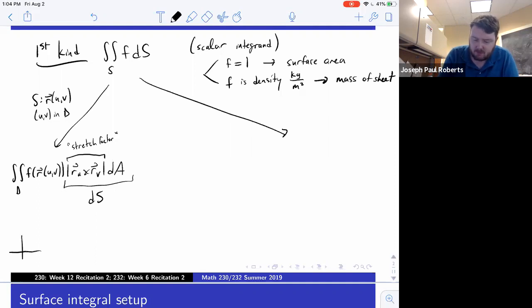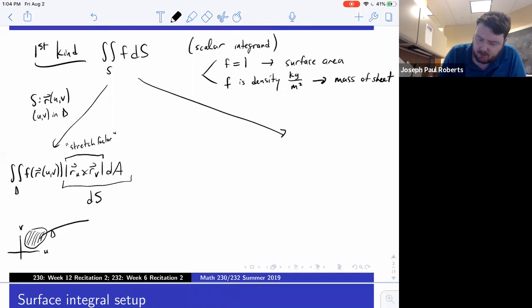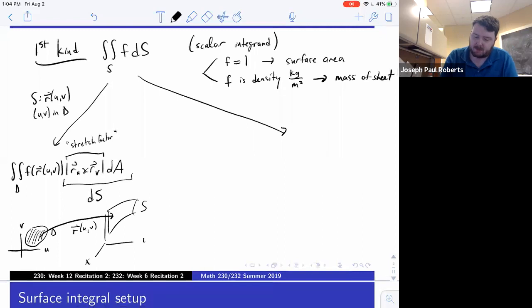Because the whole idea is you want to think about this equation R of UV. It takes some domain D that lives in the UV plane. You're plugging it into this R of UV, and then that spits out a surface S that lives in XYZ land. And so then the idea is that depending on the behavior of this R of UV, you have this little rectangle of points in UV land being sent to a little patch on your surface.